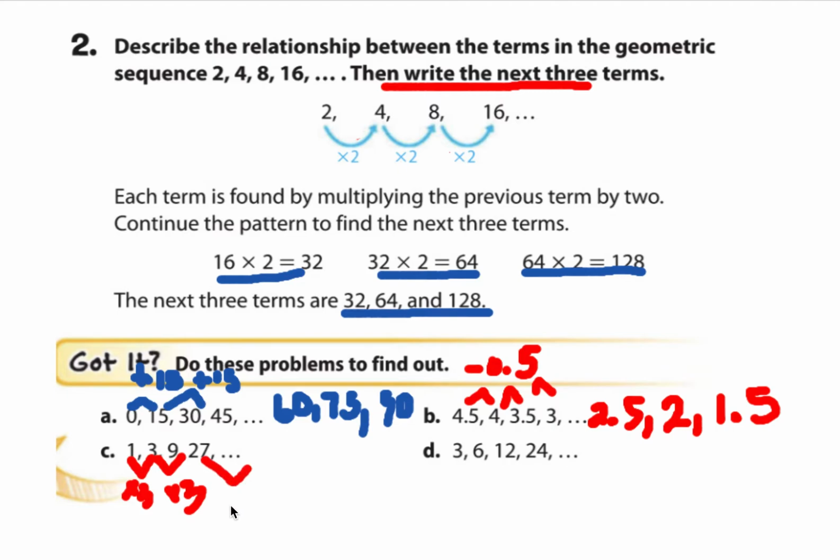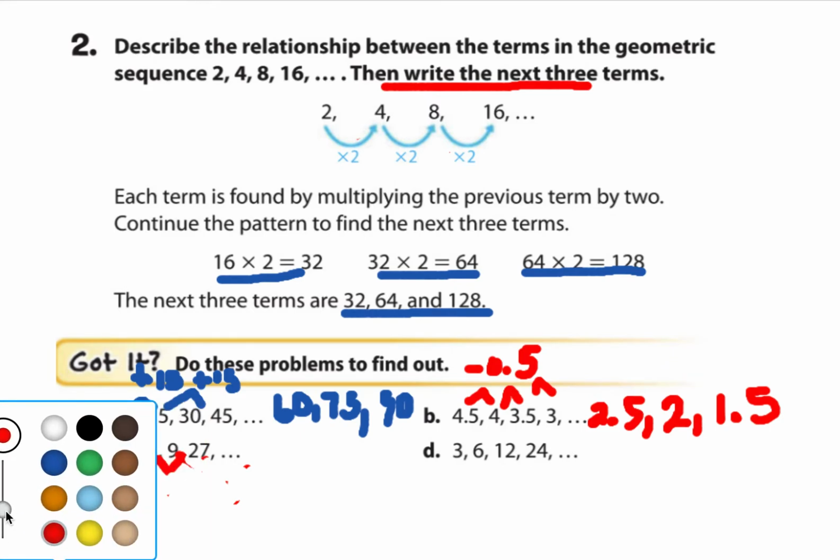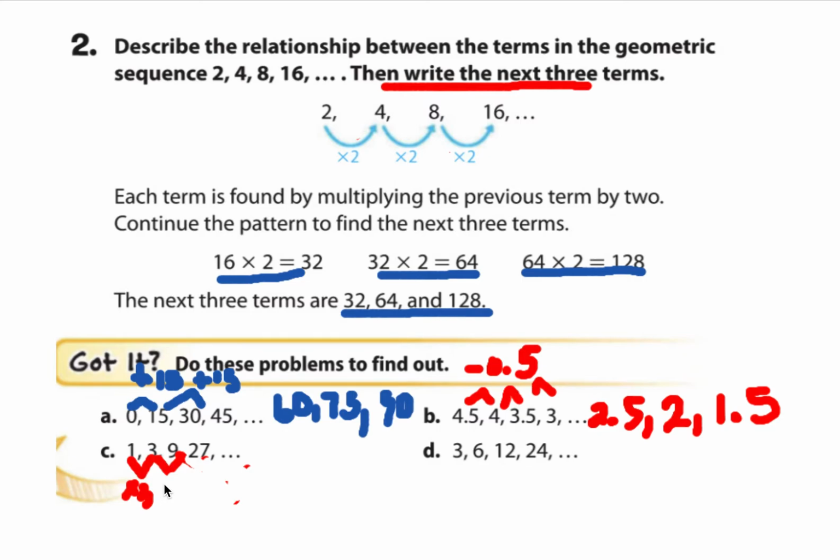And then 9 times, these markers are so thick, I can't even do this right. Let me make it a smaller marker. Oh my gosh, so much better. There we go. 9 times 3 is 27.